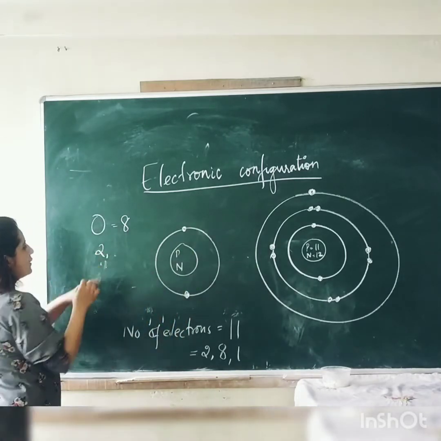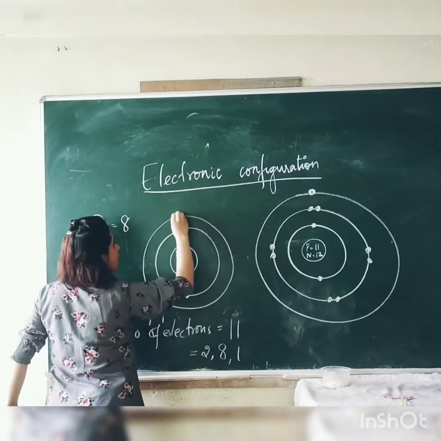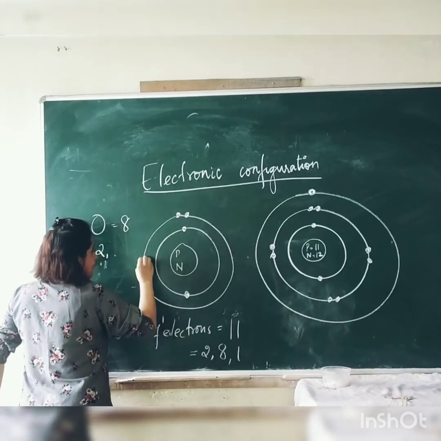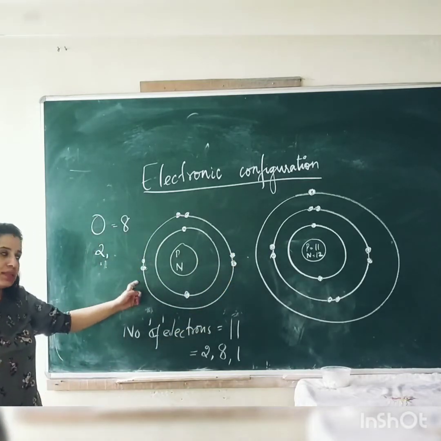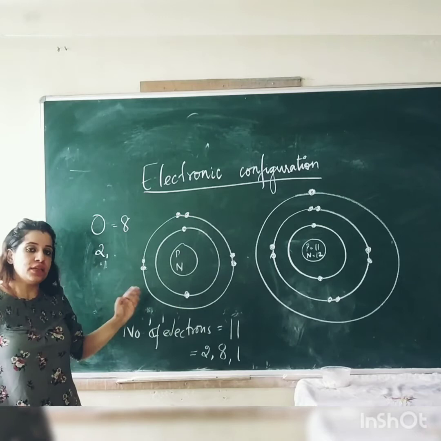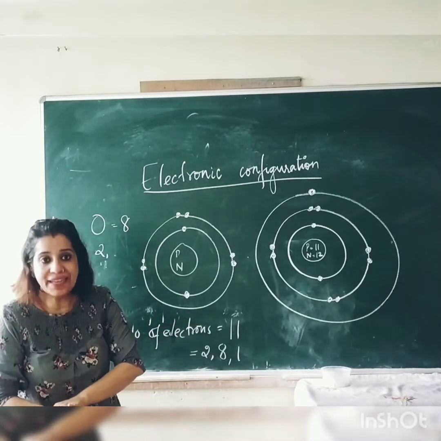Now how many are left? 8 minus 2, 6. Now I'll go to the second orbit and fill in the remaining 6 electrons. See, in some cases it may not be 8. It can be less than 8 but not more than 8.